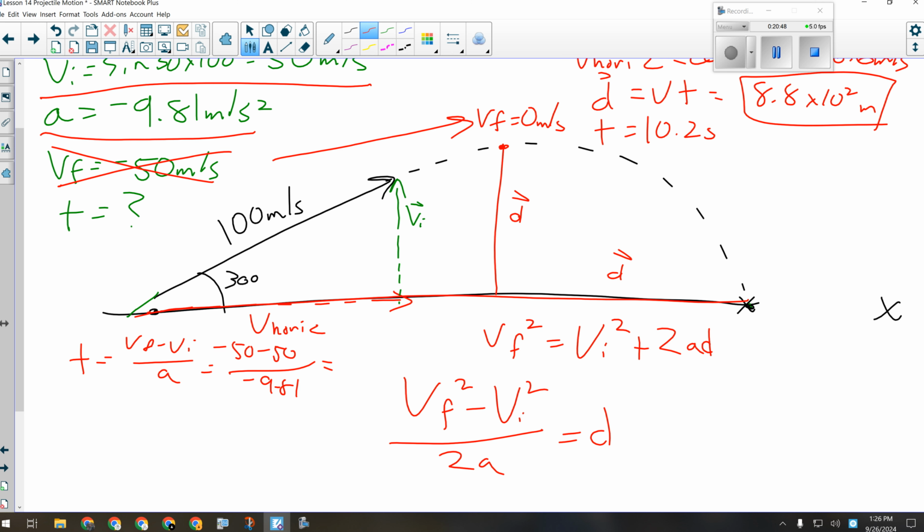So when I plug in my numbers, we said at the maximum height, the final velocity is 0, minus 50 squared, because that was our initial velocity. And then we would divide that by 2 times negative 9.81.